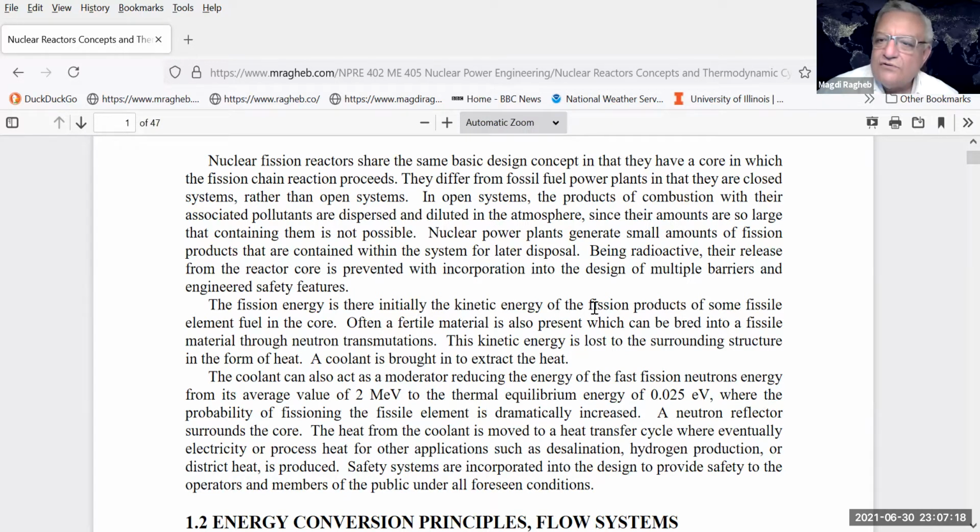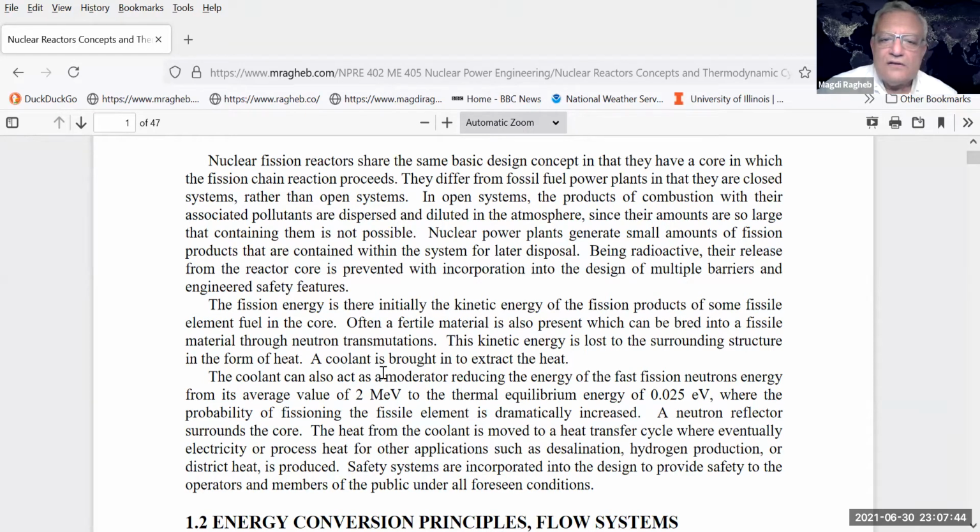And as they lose their kinetic energy by colliding with the surrounding medium, that kinetic energy is converted into molecular vibrations, which is heat. So when you produce fission energy, you need to cool the fuel, and in that case, the water, which is a moderator in existing power plants, also acts as a coolant.